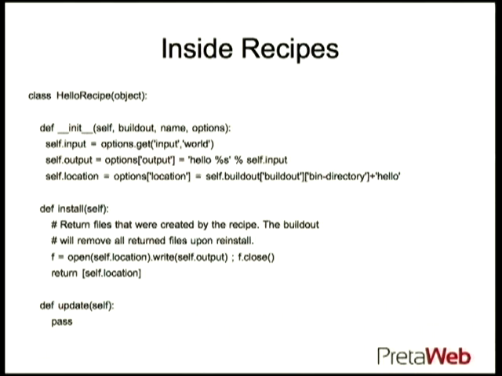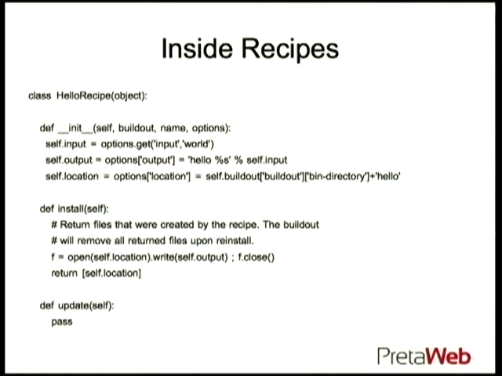The init is called when the recipe part first gets created and gets passed options, which is a dictionary. So it's getting passed all the arguments that went in. It's getting passed its name, and it gets passed the build-out object, which is like a global state. Then we can set various different things that we want out of the options, or just store the options itself.